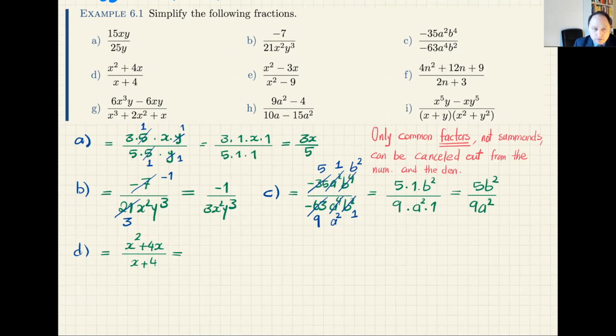Okay, this should be a very simple problem for you now. How should I factorize the numerator? No, in the numerator, there are two terms. How should I factorize it? Yes, you take out 1 x.